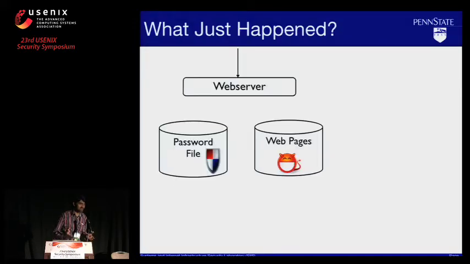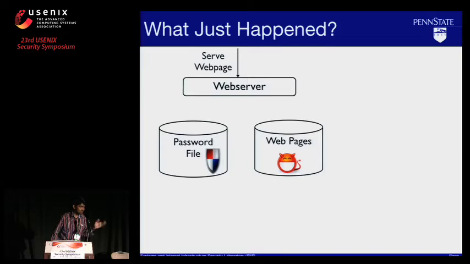So what just happened? Why do these attacks continue to occur? Here you have the web server. The web server has access to two files, among others. It has access to the password file, which is protected and indicated by the shield. And it also has access to the web pages, which are, of course, potentially controlled by adversaries.